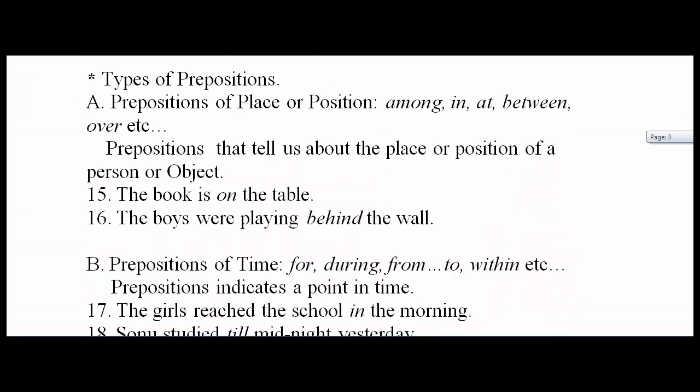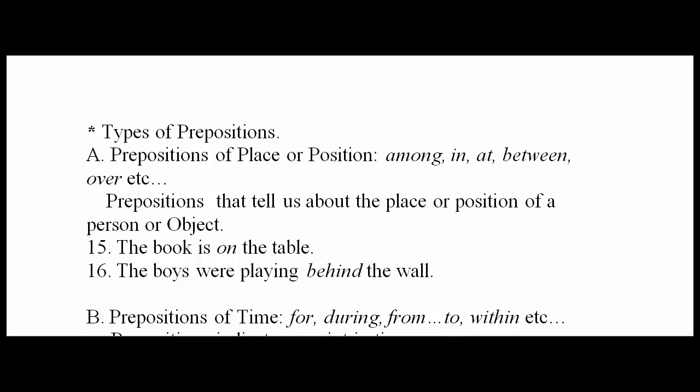Moving on, let's see the types of preposition. This is the 6th or 7th point, my students. Let's see how many types of preposition we have. First one, A, preposition of place or position.